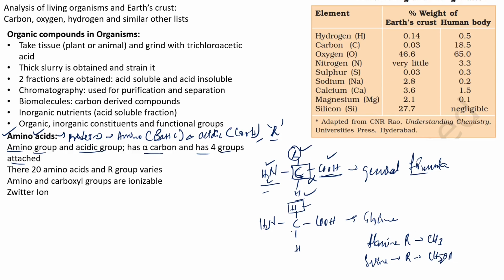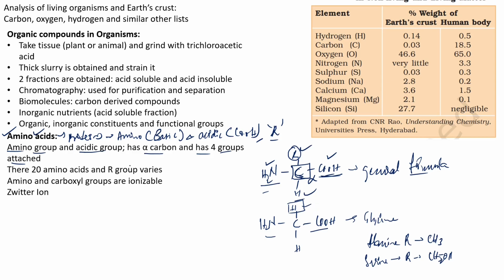So with the same skeleton of the basic formula of the amino acid, you can just go on replacing the R group with the desired substituent group. You will get different types of amino acids, right?